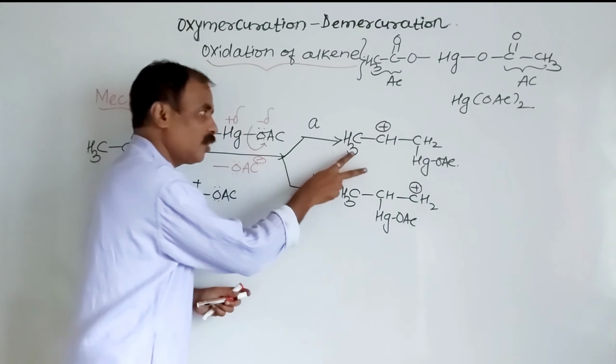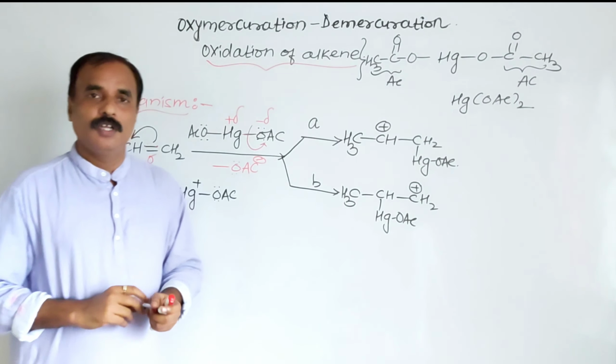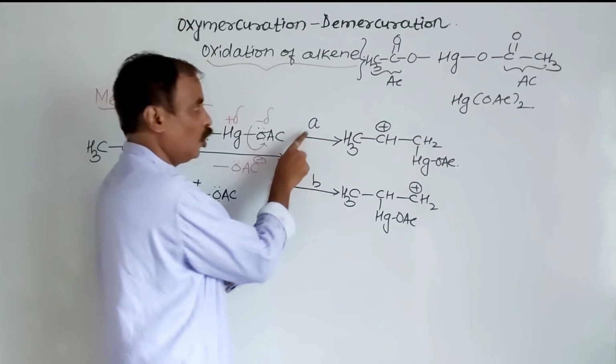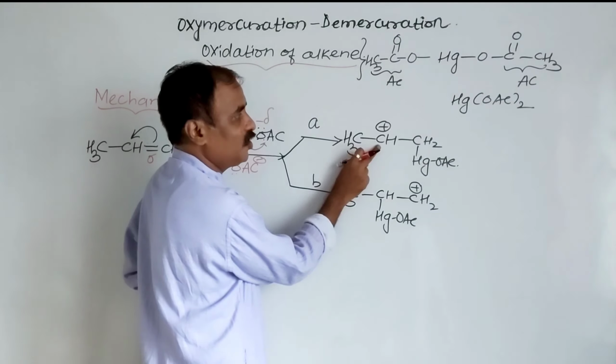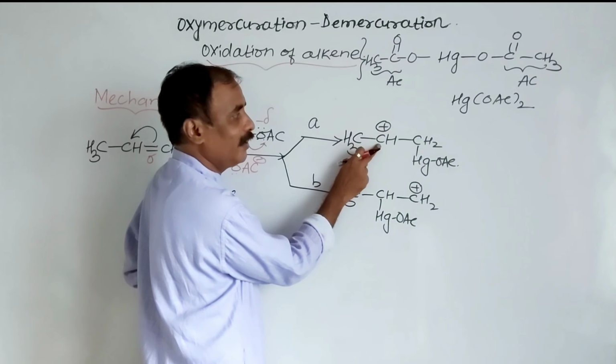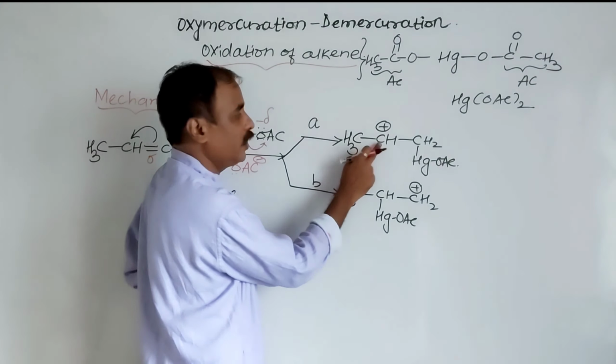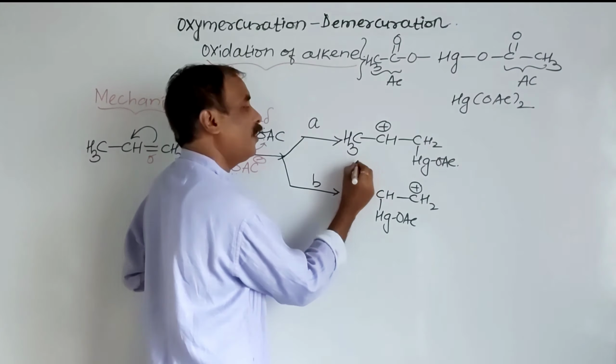Now these two are possible intermediates. Which one is more stable? Route A. Here is formation of a secondary carbocation, this positive charge is present on a secondary carbon. That is, this is a secondary carbocation, and here it is a primary carbocation. And we know what the order of stability is in the case of carbocations.